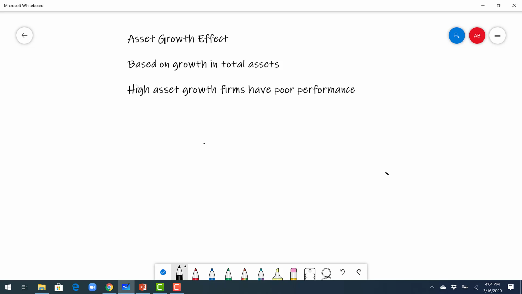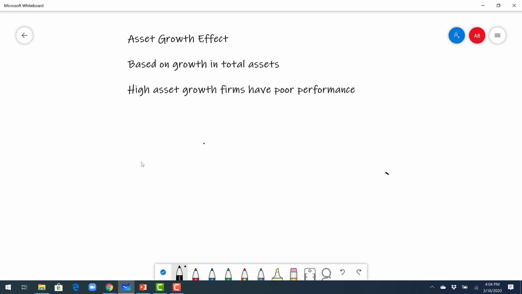When firms have a high growth rate in their assets, their subsequent performance has been poor in the historical data. When firms have a low growth rate in assets, their subsequent performance is relatively better. So in this instance, you want to buy the firms with a low growth rate of assets and short the firms with high growth rates of assets.